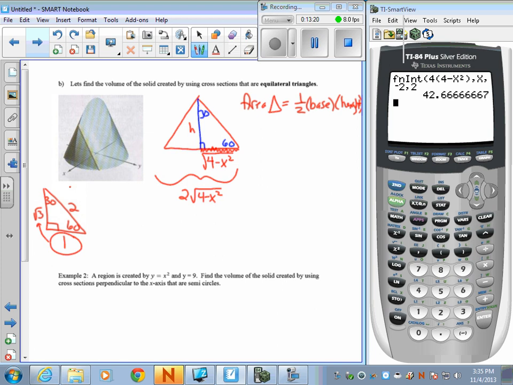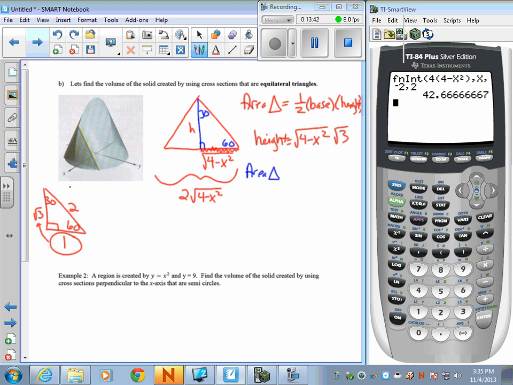So that means my height is going to be, sorry, not 2, the square root of 4 minus x squared times the square root of 3. That's going to be the height of this particular triangle. So let's go ahead and write down the area of my triangle.